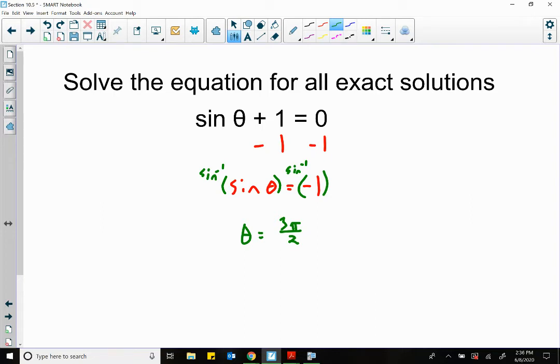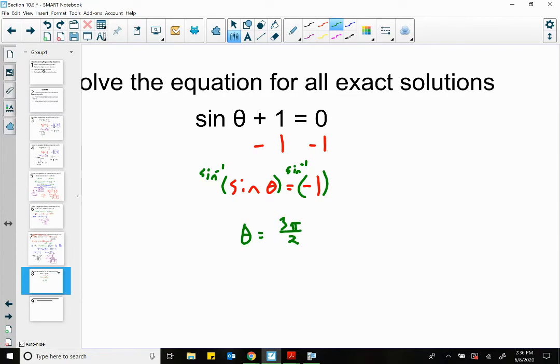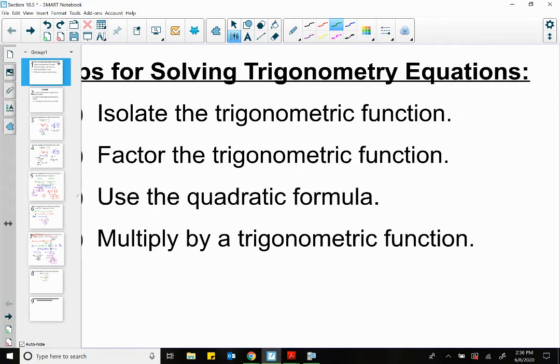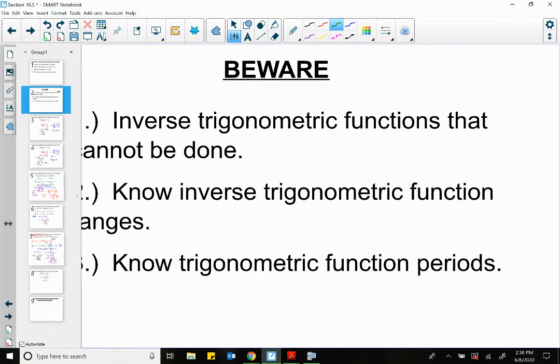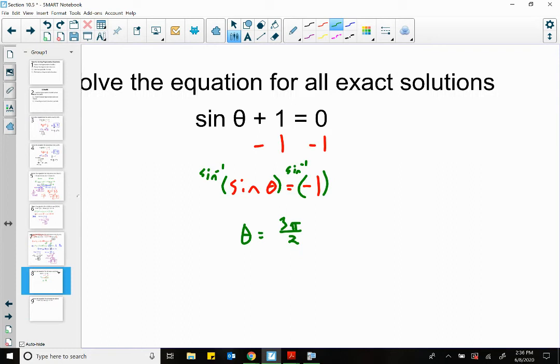Okay? But it's not always coterminal because if you remember, the period of tangent only happens between 0 and pi. So that's why I put this warning right up here. Make sure that you know the trigonometric function periods. Okay? That's super important. So, give me all the angles that are going to be coterminal to this.